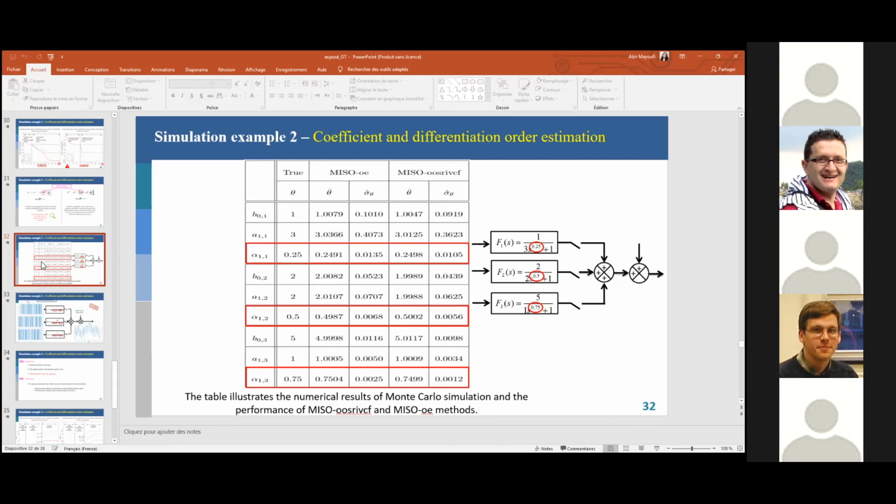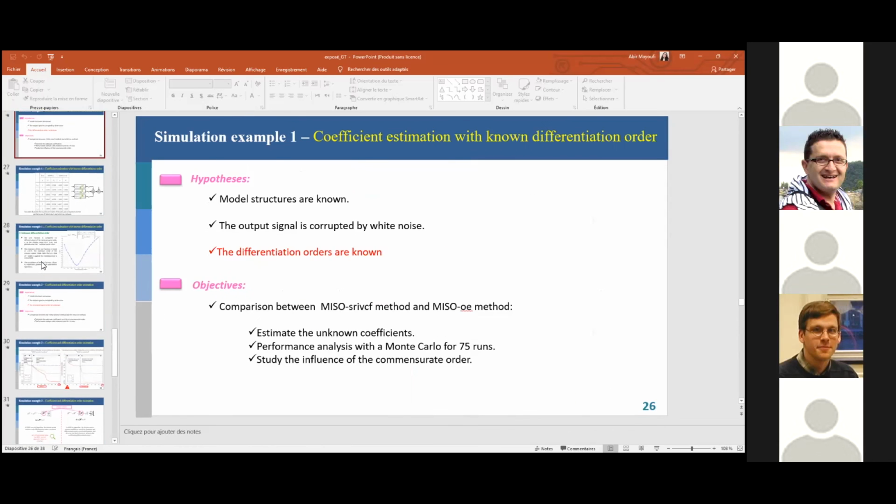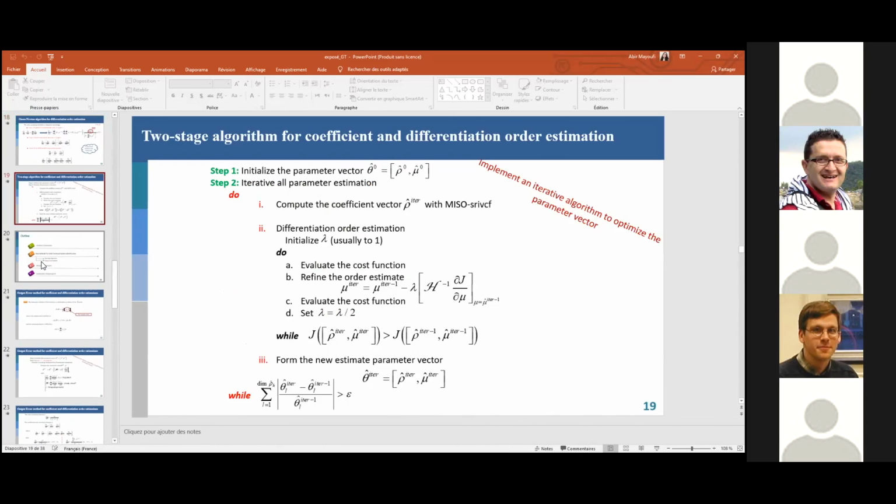In slide number 19, there is a convergence test at the end.